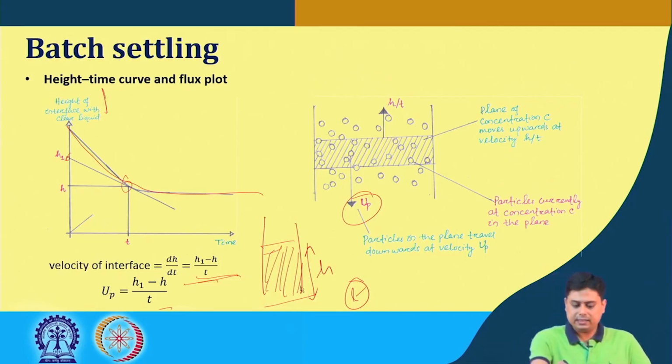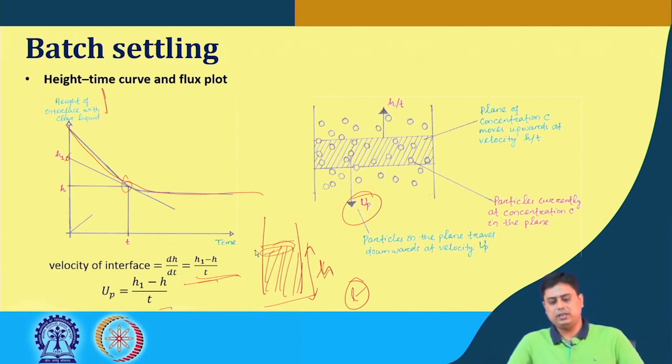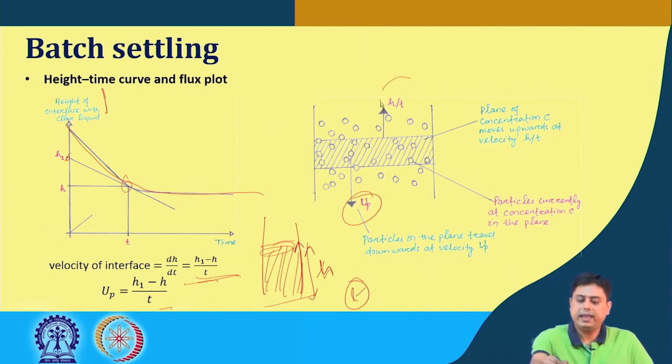So, this C concentrated suspension has travelled to a height h, and the velocity of that plane propagating upward is basically h by t.